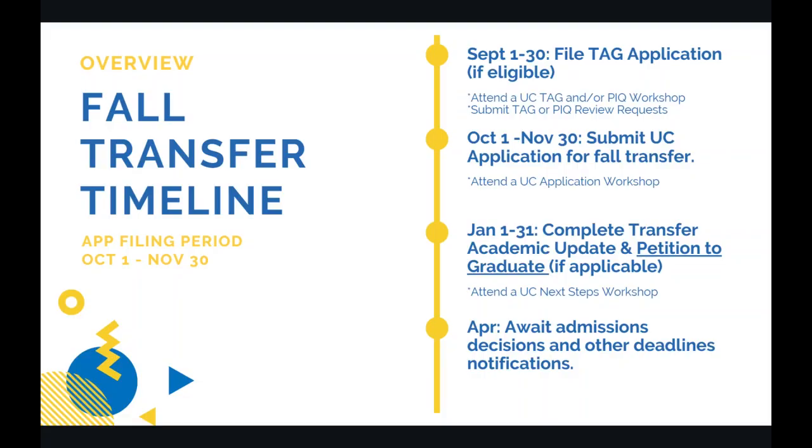And once that has been completed, we wait until the month of April to await for admission decisions to be made. And throughout the spring term, you might be receiving emails and other deadline notifications for the different UC campuses you have applied to, requesting different things. And so paying attention to your emails is extremely important throughout the process.